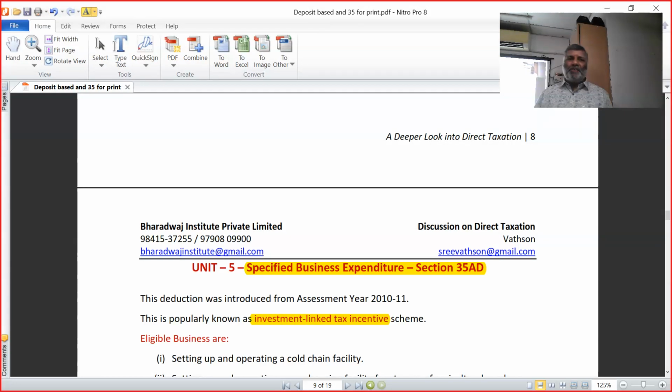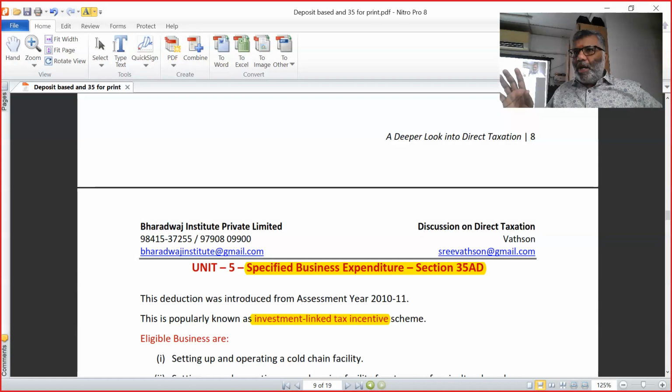So for a specified business, what are all the things we should remember? Don't worry about the nature or type of businesses; they will give you the section number or specified business. It should be a new business, not split up. 80% of plant and machinery, imported machinery is new machinery.